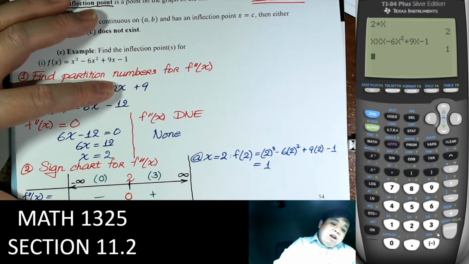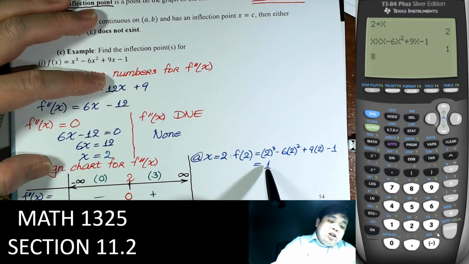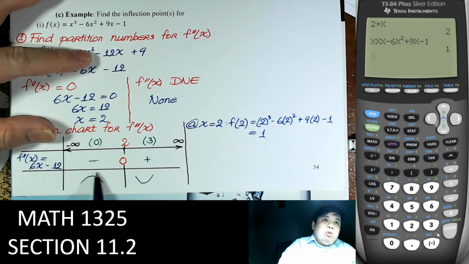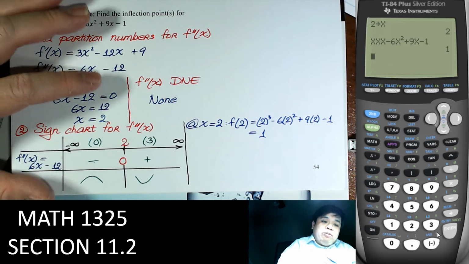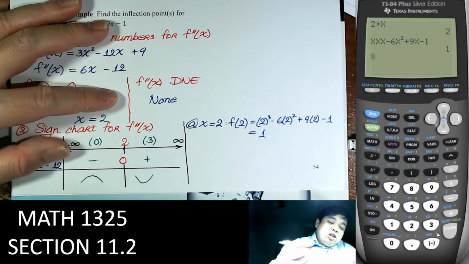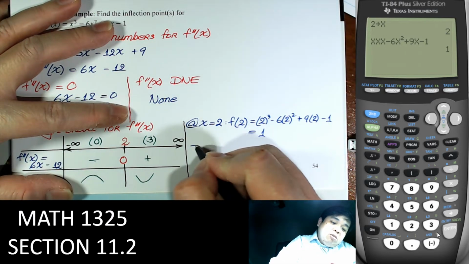So because the function is in the domain, and concavity changes, meaning the second derivative changes sign as well, we have an inflection point.